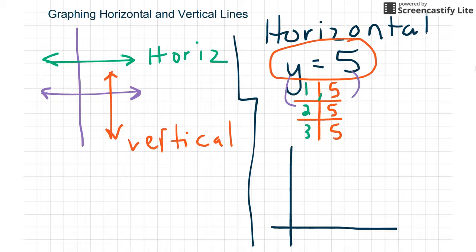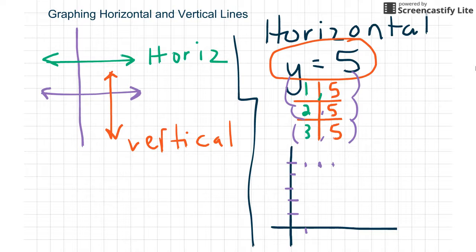So knowing that my chart becomes my ordered pairs, 1, 5, 2, 5, and 3, 5 are my ordered pairs. So 1, 5: over 1, up 5. 1, 2, 3, 4, 5. So there's my first dot. Then I got 2, 5: over 2, up 5.